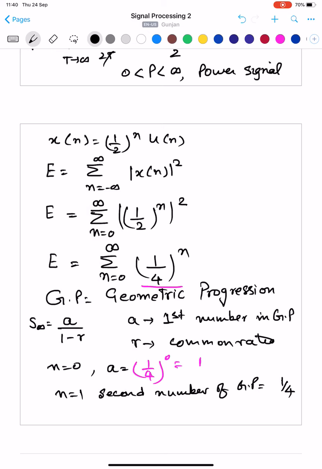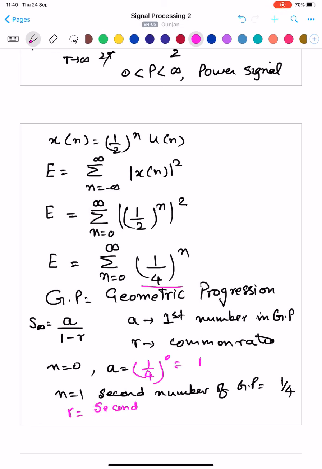So your common ratio r will be equal to the second term divided by the first term.